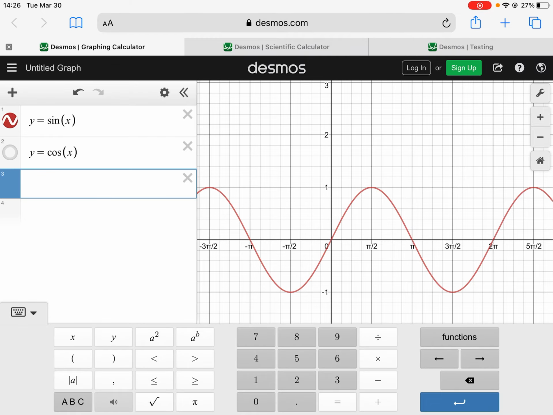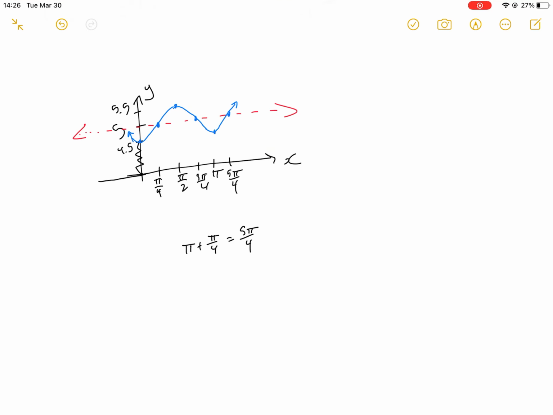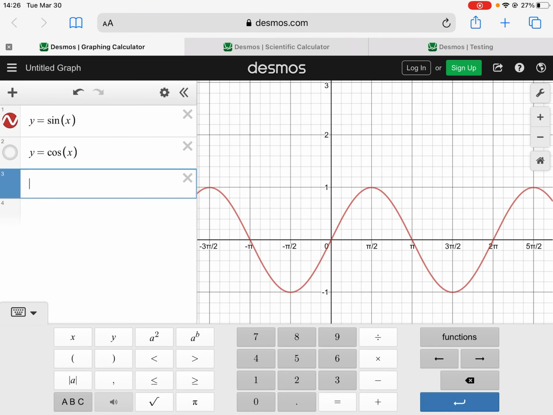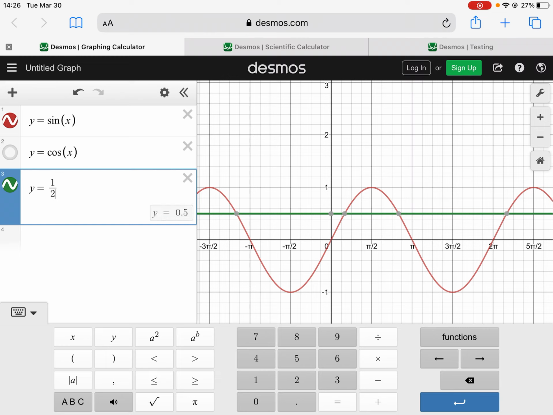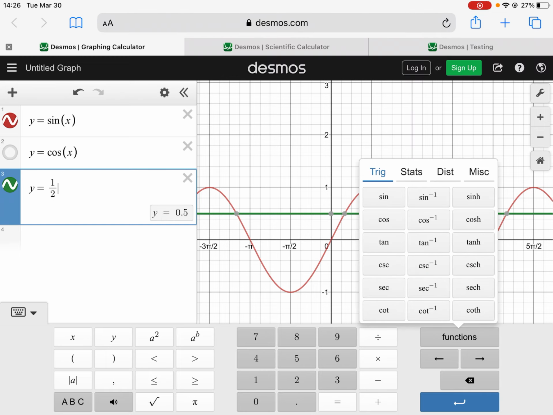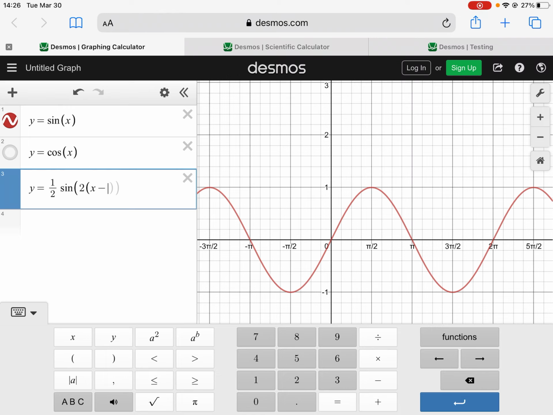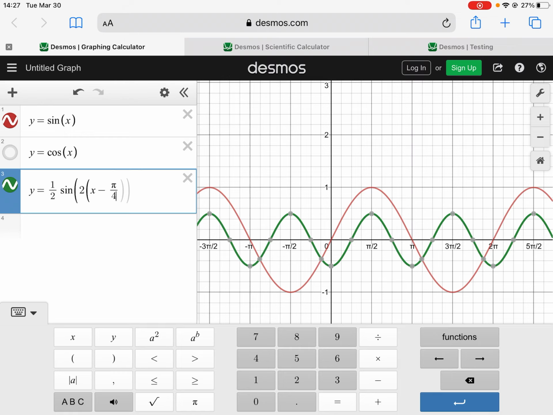Okay. And so then let's say I wanted to graph my function, this one here, for example, one half sine of 2 and so on. Y equals 1/2 sine of 2x minus pi divided by 4.